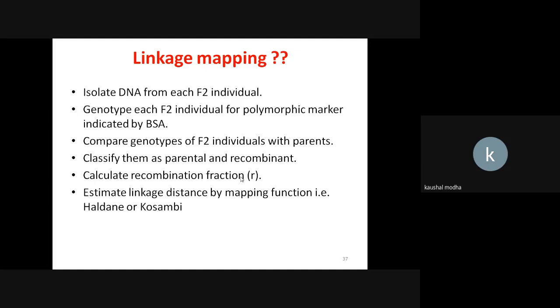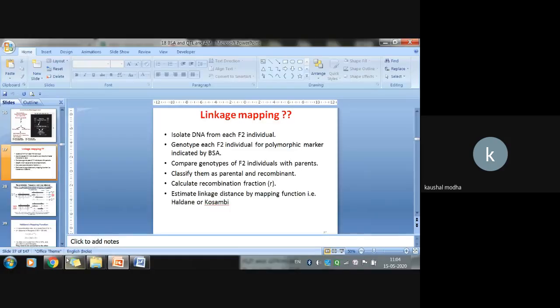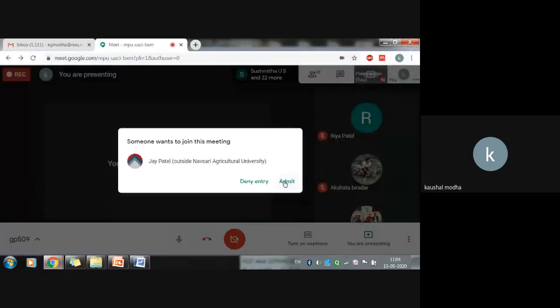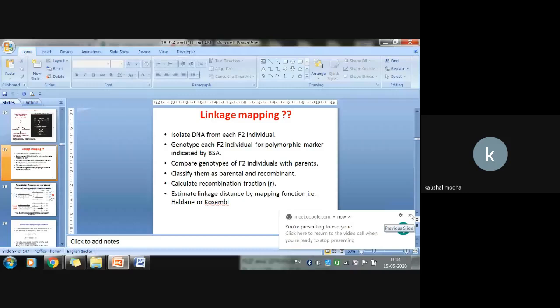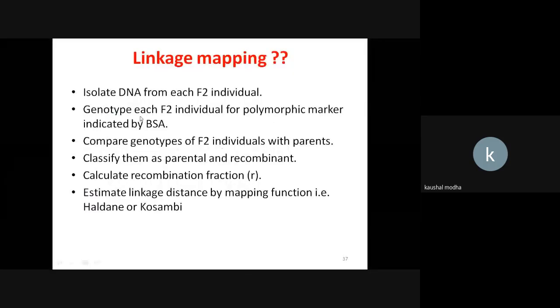And we genotype all these individuals for the polymorphic marker for which you have found the banding pattern and probable association.